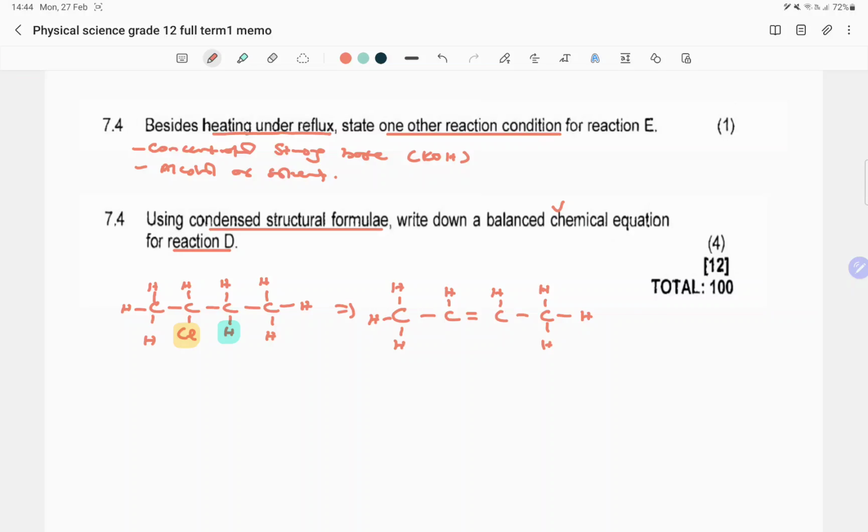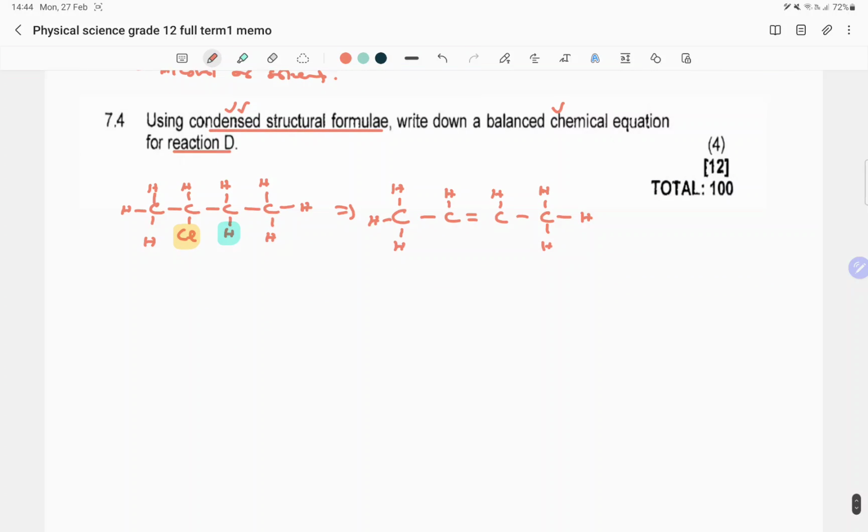So we are supposed to use condensed structural formulae. So now to do condensed structural formulae, this is going to be CH3, right? And then here it's going to be CH. So when you're condensing this, you're writing it like that. And then CH3. Okay, that's it.